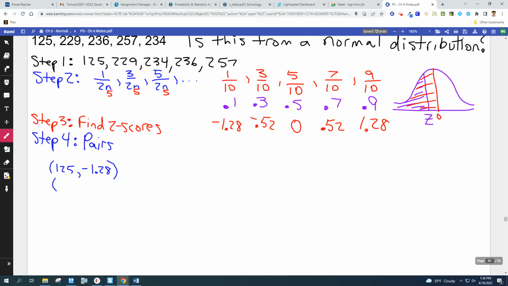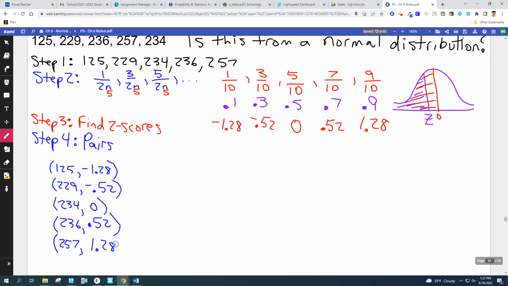The next number was 229, and the next z-score is negative 0.52. Third number was 234, comma 0. Fourth number is 236, comma 0.52. And the last number, 257, comma 1.28. That's step 4, find those numbers.